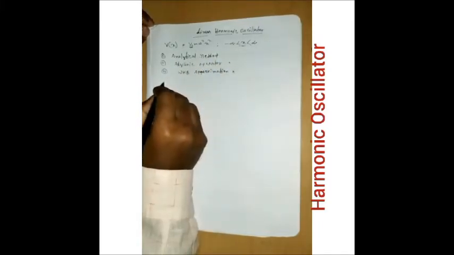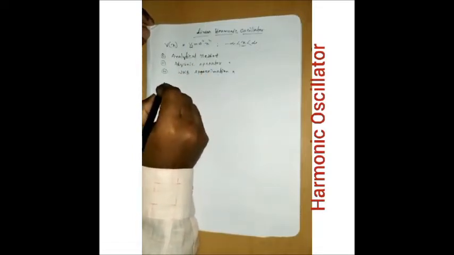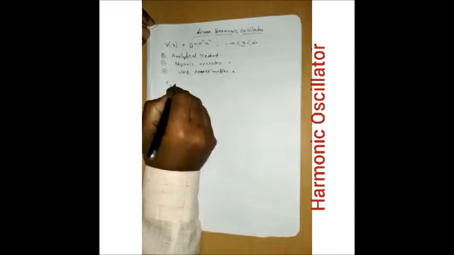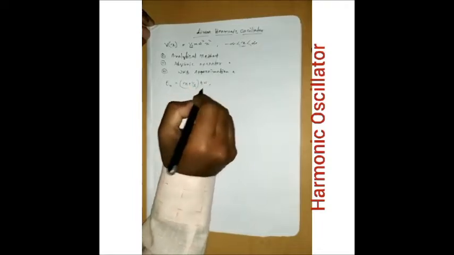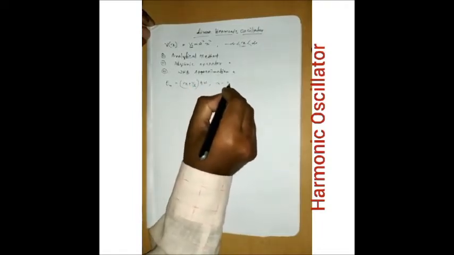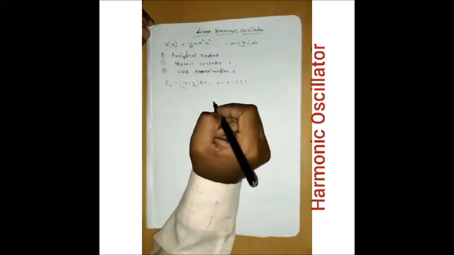When this type of potential is given, instantly we can write the energy eigenvalue, E_n equal to (n plus half) h bar omega, where n starts from 0, 1, 2, 3, 4, and so on.